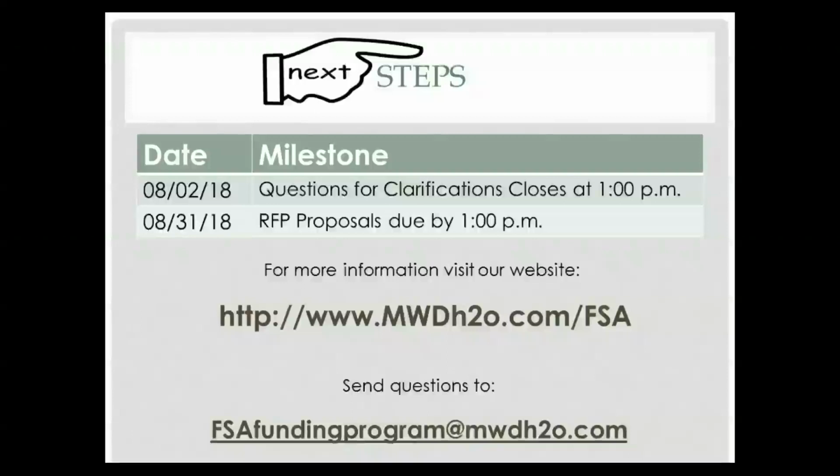The most important deadline is August 31st, proposals due at 1 p.m. via email to the FSA funding program at mwdh2o.com. We'll use that email timestamp as the criteria for timing, and we'll make sure everyone gets notice that we've received it and that it came in on time. We'll direct you to mwdh2o.com/FSA, where we already have the RFP posted, and we'll also be posting other materials, including the questions.